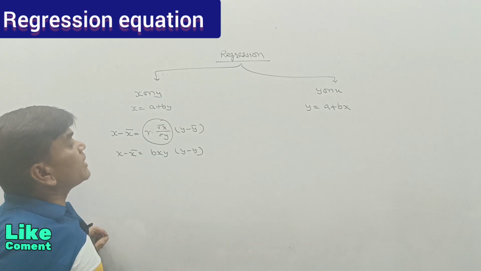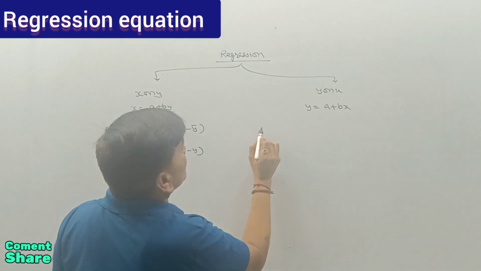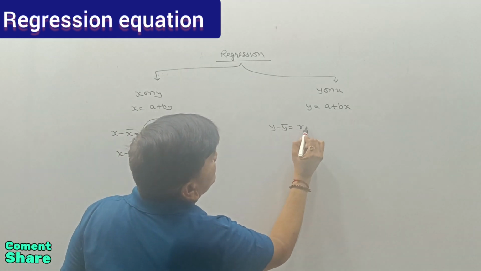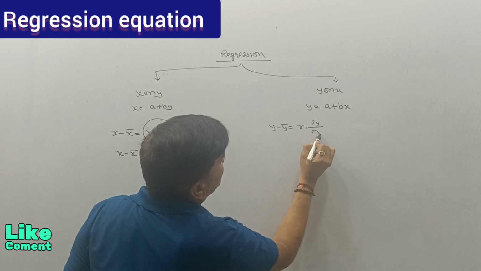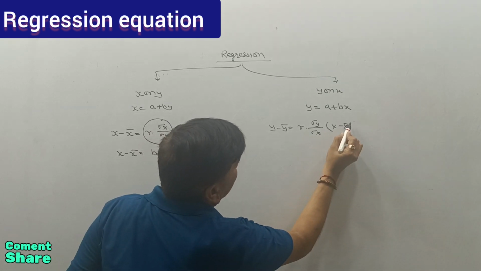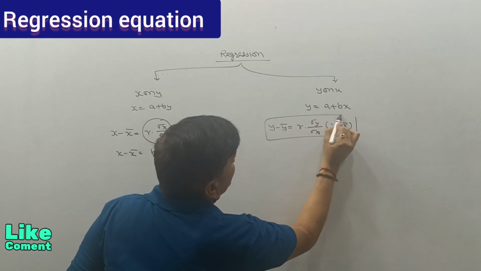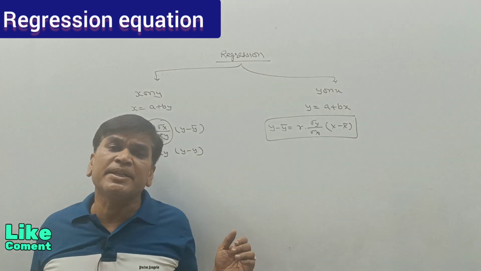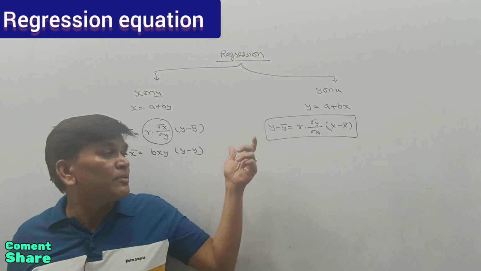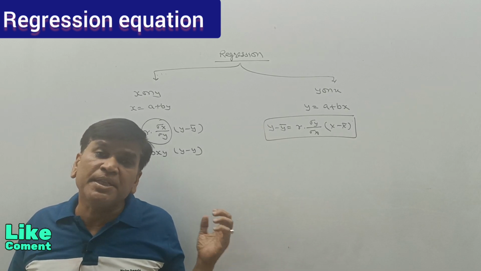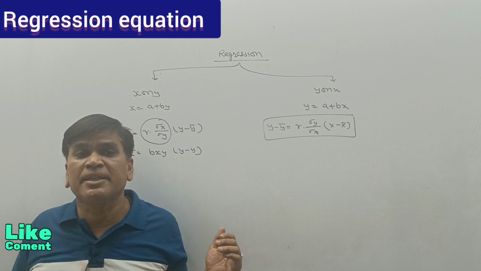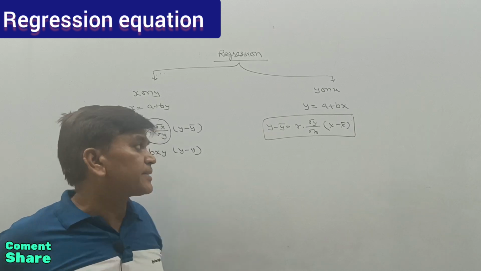Similarly, if you are to calculate y on x, then we apply the formula y minus y bar equals r, standard deviation of y divided by standard deviation of x, times x minus x bar. This formula is very important. You should learn that formula, because whenever you get the question in the question paper, by applying it you can easily calculate the two regression lines, x on y or y on x.